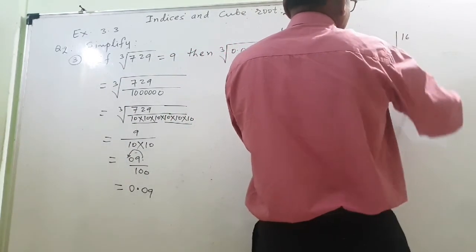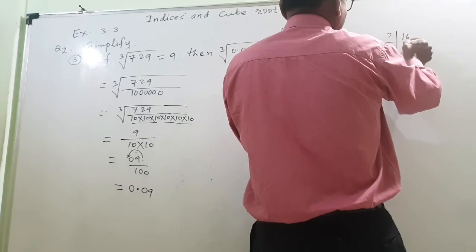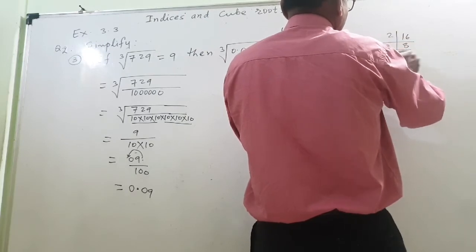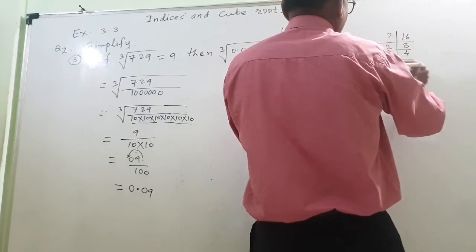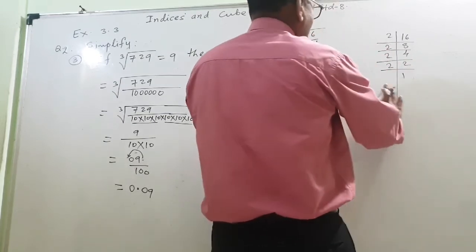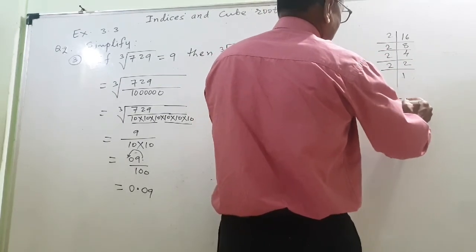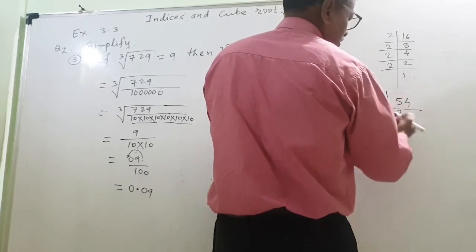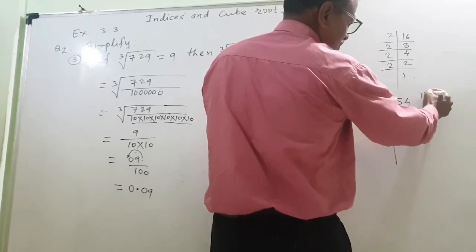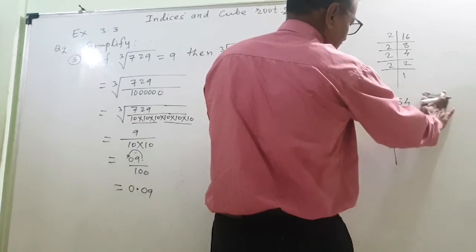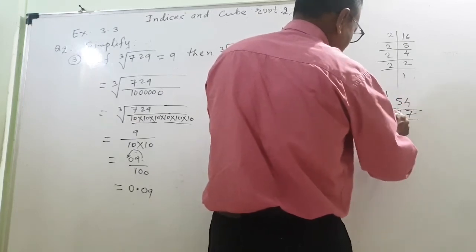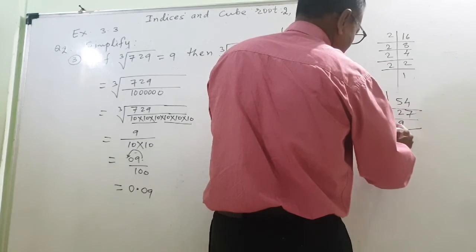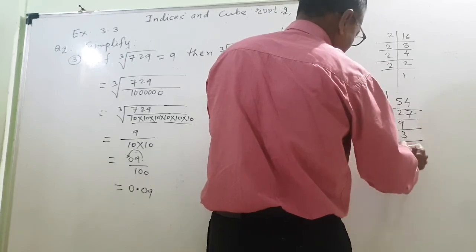So 16 is equal to 2 8s are 16, 2 4s are 8, 2 2s are 4 and 2 1s are 2. Now similarly 54 I will write, 2 27s are 54. Then now by 3, 3 9s are 27, 3 3s are 9 and 3 1s are 3.